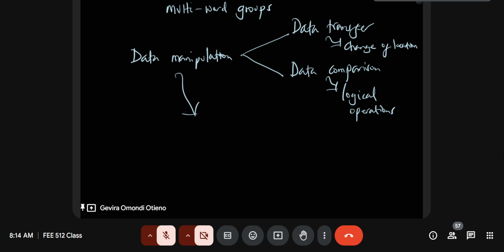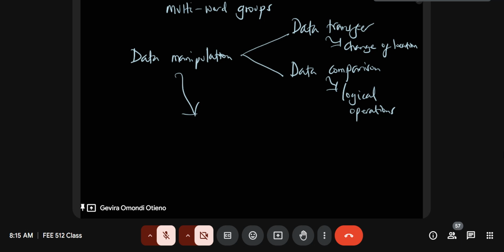That location is registers or memory locations. So if you're doing a data transfer, you have to transfer from a source to a destination. You're simply changing the location. The location is not physical, it's memory. It's register based. Even data comparison is done within the memory itself.